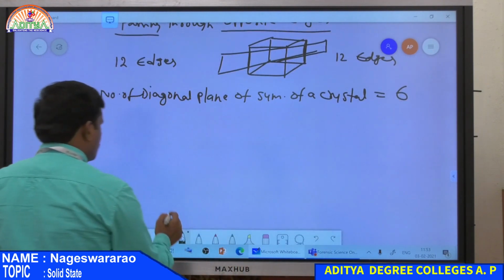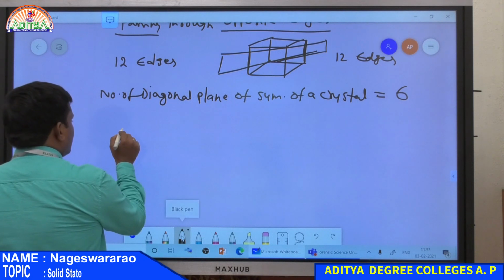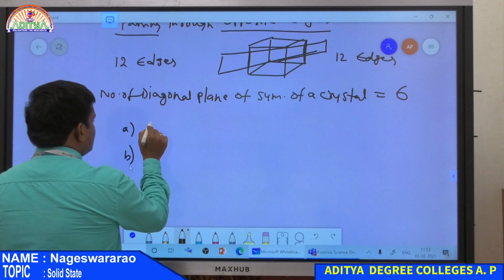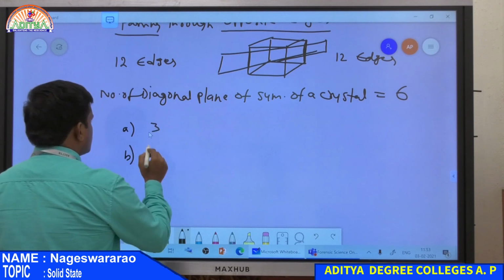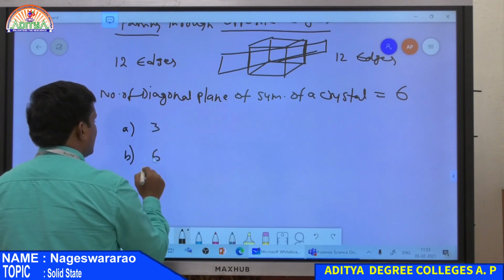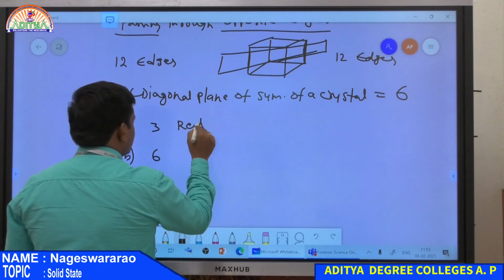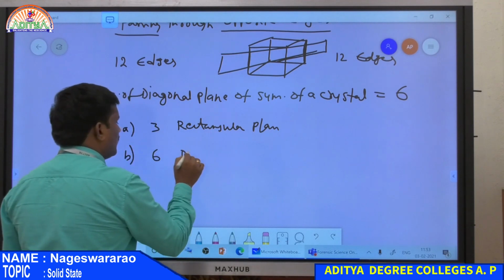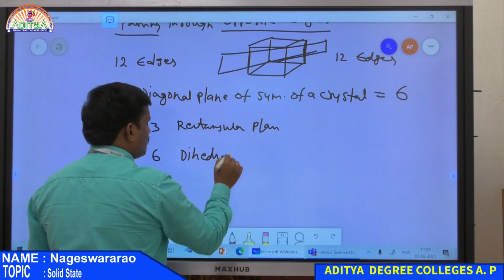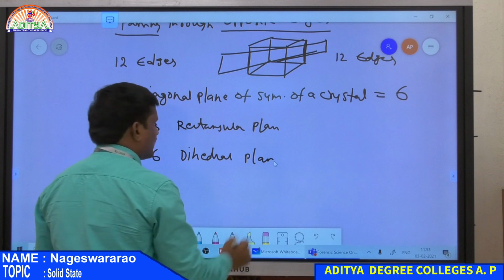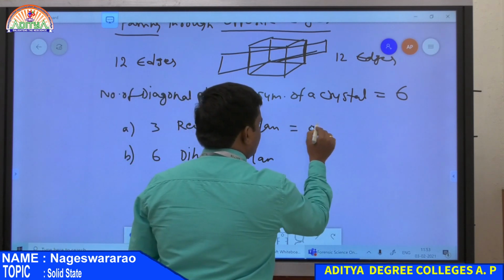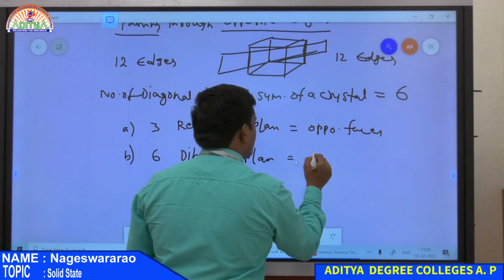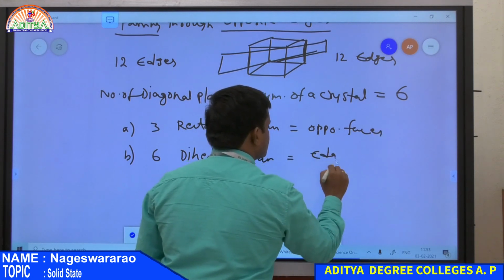So totally there are 2 types of planes. First one rectangular plane and the second one dihedral plane. Each crystal having 3 rectangular planes and also 6 dihedral planes. So this is a rectangular plane and this is a dihedral plane. So the rectangular plane is passing through opposite faces and the dihedral plane is passing through opposite edges.